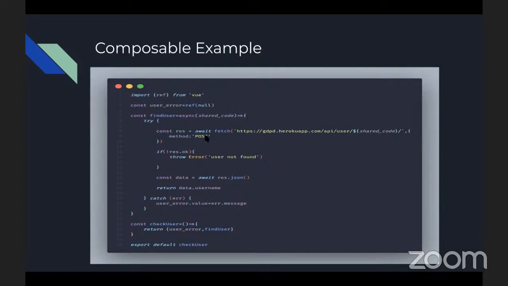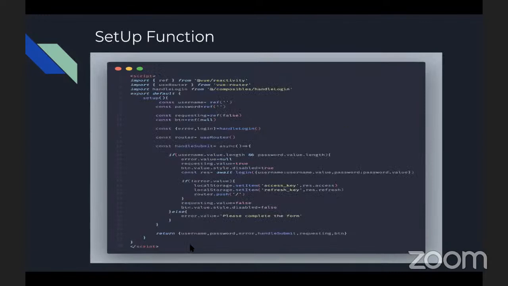So this is how a composable looks like. This is a composable that I'm using in one of my applications. It allows us to find a particular user with their shared code. When you are done, we export the composable here, and any other component that wants to consume it can consume it, just like this one.